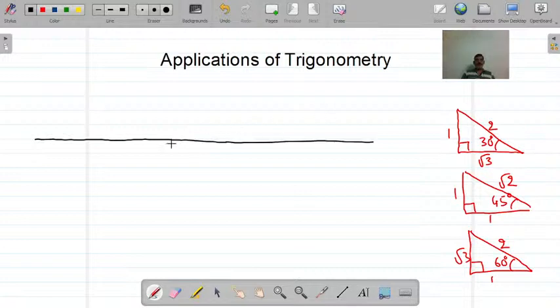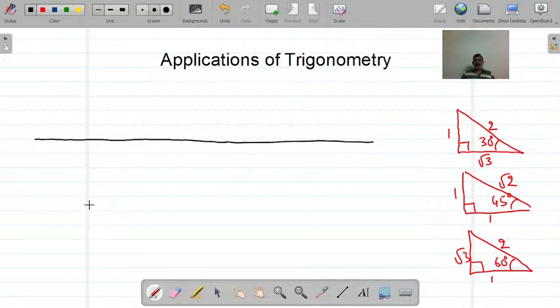The basic principle for drawing the figures in applications of trigonometry is that if you can draw an appropriate figure, half the problem is solved. But for doing so, no need for you to become a Picasso, because no need for you to draw any three-dimensional figures. Remember that for trees, buildings, towers, for everything, simply we represent with a vertical line.